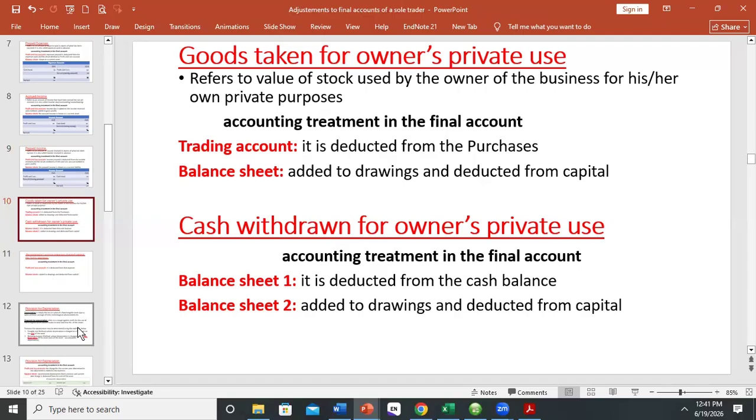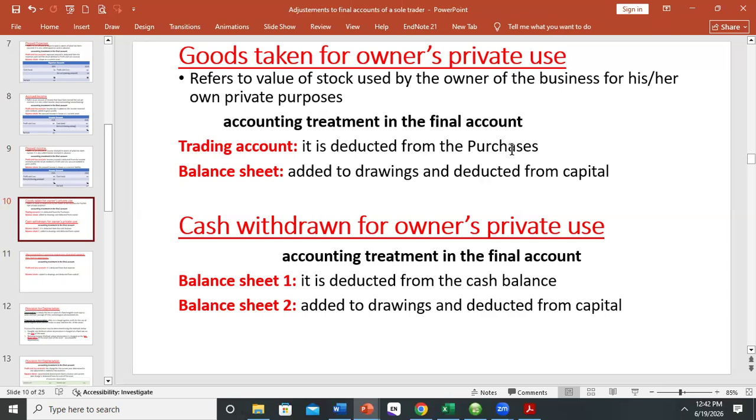Accounting treatment in the final account. Trading account: it is deducted from the purchases. Balance sheet: added to drawings and deducted from capital. Okay, thank you very much. So when the owner takes goods for private use, this is not going to the profit or loss, it's going to the trading account, and you subtract it from purchases.